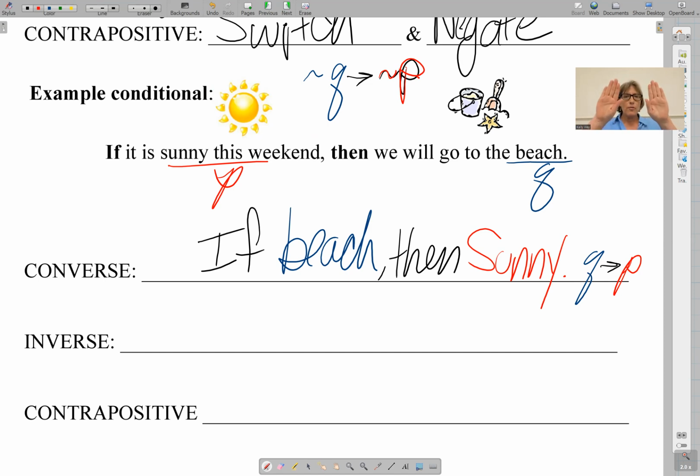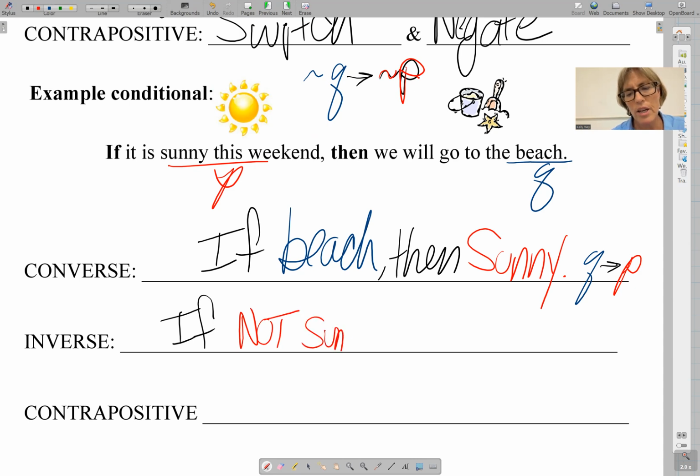Inverse, flip. That means you keep the original and you say the opposite. So the original is if it's sunny, then we go to the beach. It reads like this: if it is not sunny, then we won't go to the beach. That's the inverse. You keep the original, say the opposite.